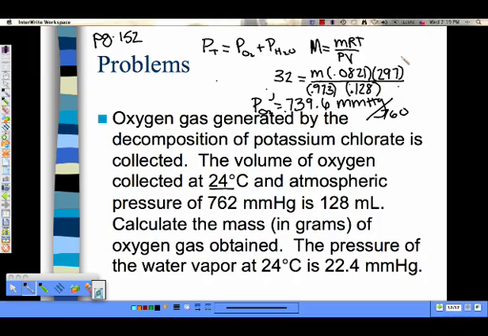Once you solve for m, you get 32 times 0.973 times 0.128 divided by 0.0821 divided by 297. Our final mass is 0.163 grams. So we used a little extra information, used our other equations that we learned a little bit ago, and we found the mass. Very good.